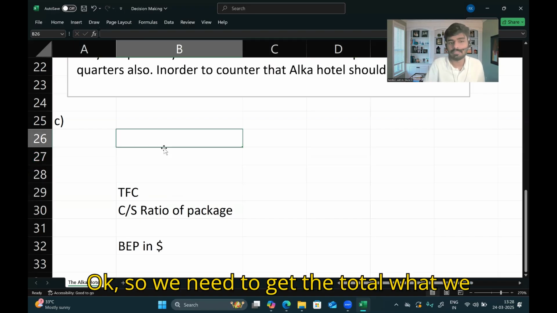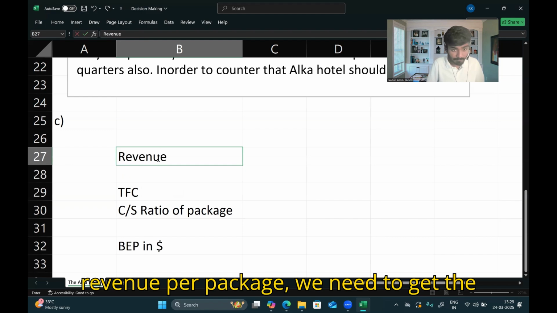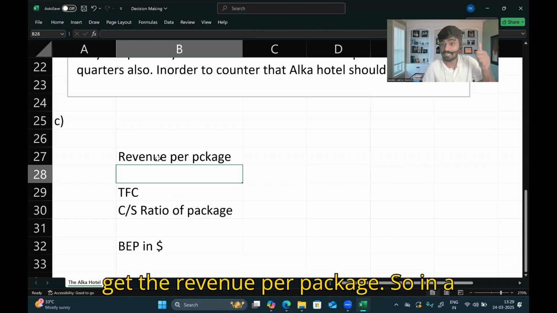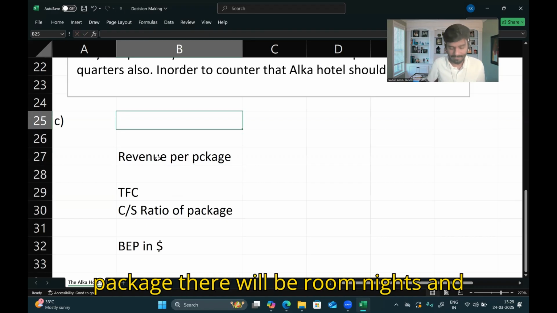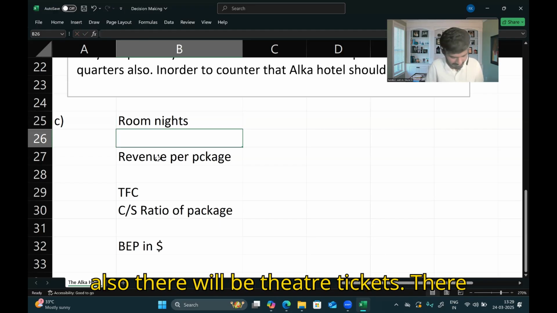We need to get the revenue per package, which is like the selling price per unit. In a package, there will be room nights and also theater tickets.